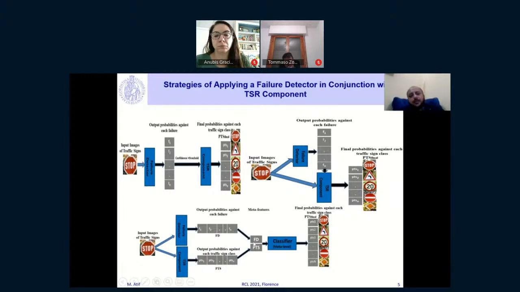These two probabilities are combined or merged, and these merged probabilities are provided as input to one meta level classifier, and this meta level classifier will output the final class again for that specific traffic sign. So these are three different approaches that we can utilize a failure detector with the TSR component.